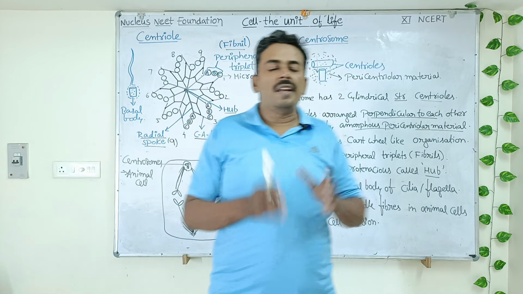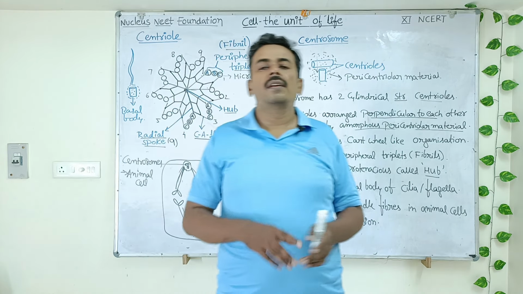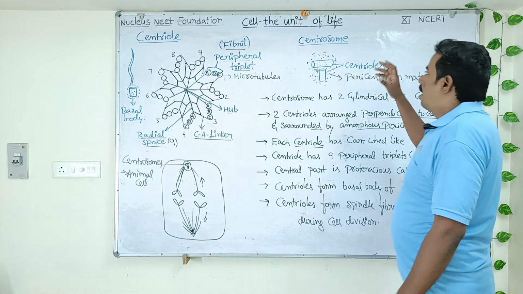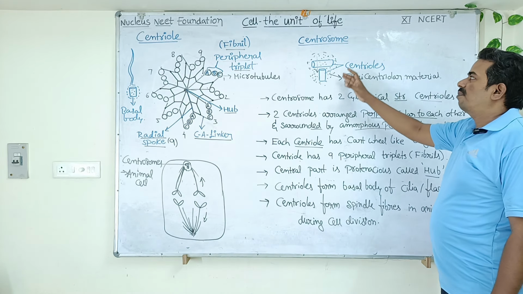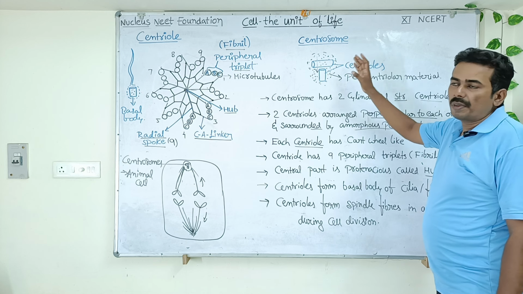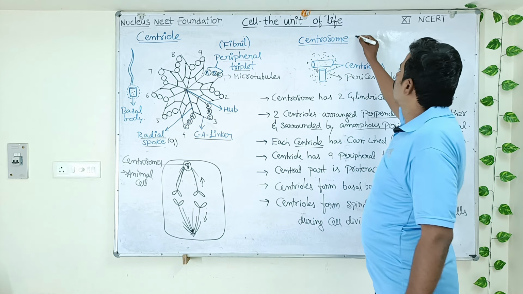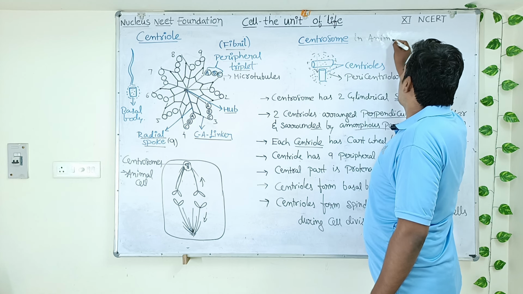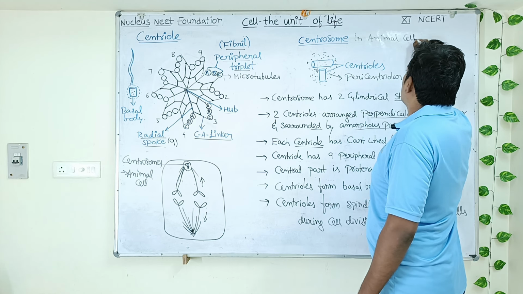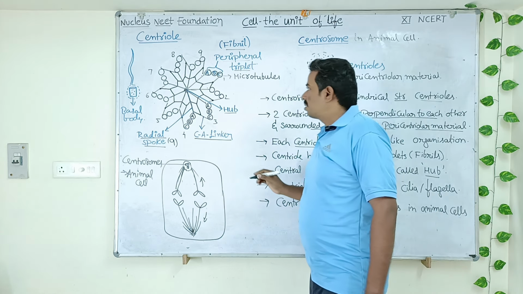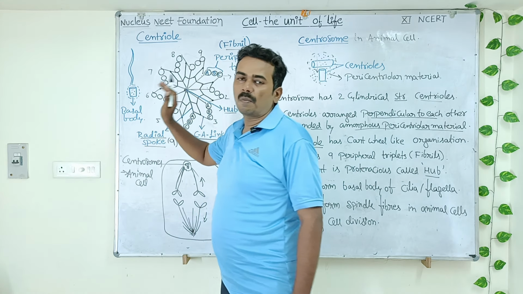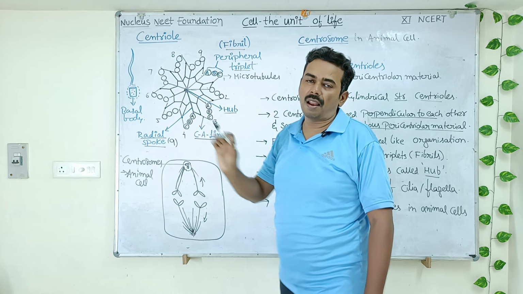So the centrioles play 2 roles. One is they act as components of the structure called centrosome in animal cells, and also the centrioles act as basal bodies in both cilia and flagella.